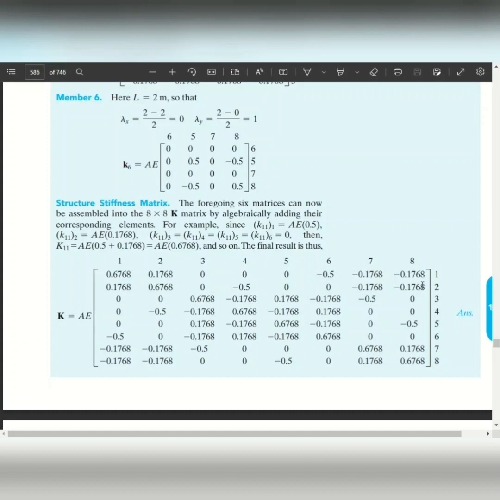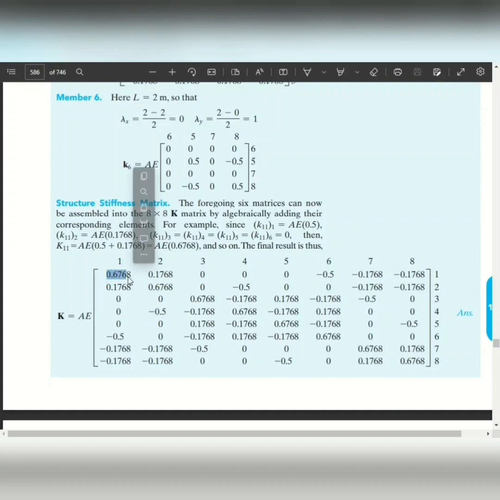How can we find it? It looks difficult, but it's not. It's very easy. Just trust me and follow my instructions. You just have to see 1 and 1, first column and first row. Go to all your 6 values where row 1 and column 1 match. Take the value, and if there are multiple, add them and put them in this general equation.